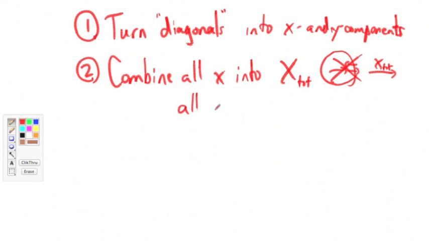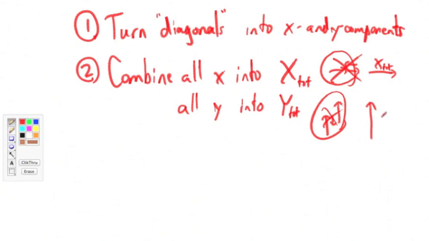And similarly, we want to be able to combine all y's into y total. And you're going to do this a lot. If we have one vector that's up and another vector that's down and another vector that's up, we should be able to combine all of these and get them into really a single y vector.